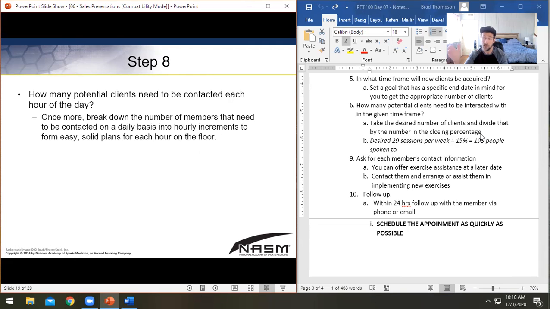You have a hard time getting people in for certain assessments. It becomes really difficult to find a place to get your sessions. Once you're doing 28 sessions a week, you've only got 1 hour to work the floor. So you're only talking to 1 person a day. It becomes hard eventually to actually do this.